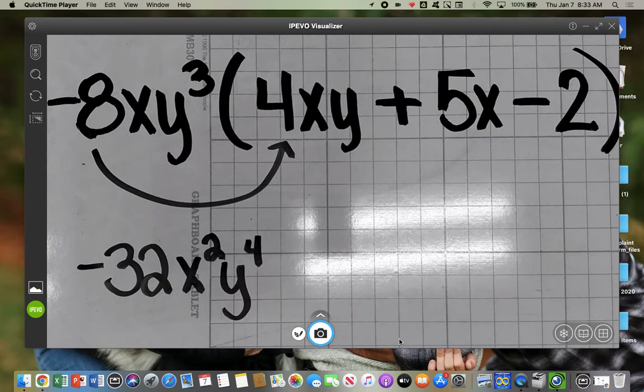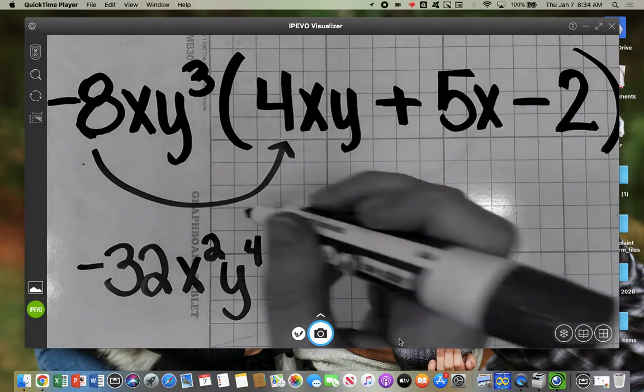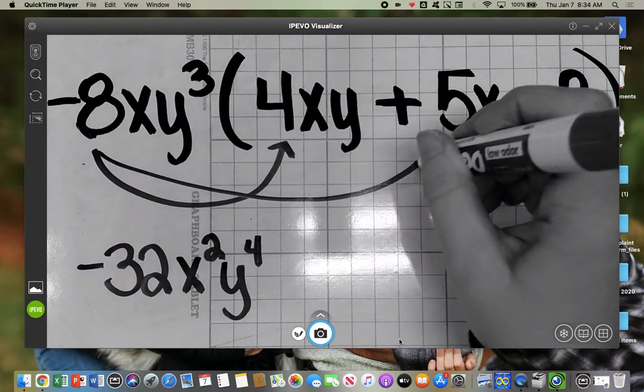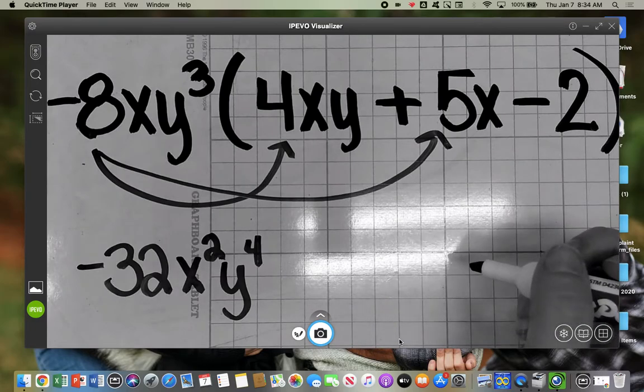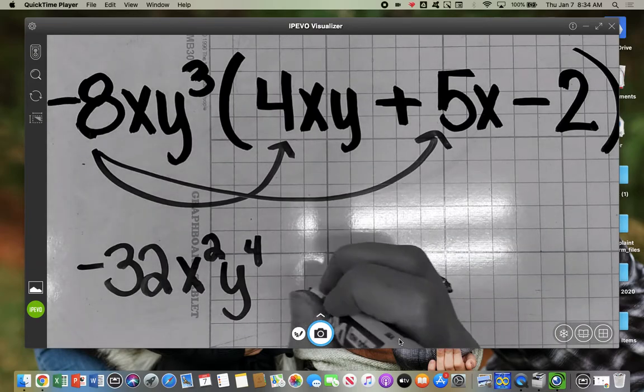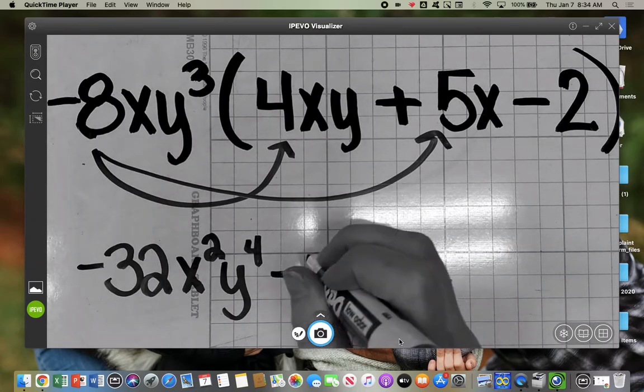I think that sounds good. Now we have to distribute to the second term. We're distributing to 5x. So what is negative 8 times 5? Positive or negative? Negative 40.